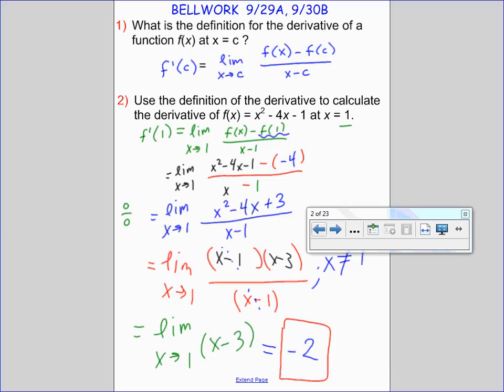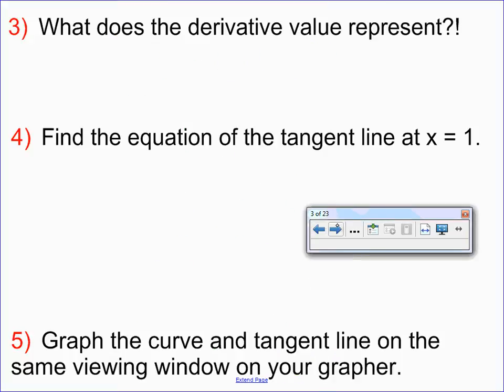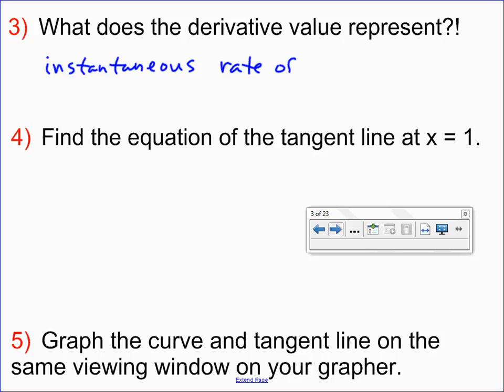So at x equals 1, the slope of the curve is negative 2. At x equals 1, the slope of the line tangent to the curve, right, is negative 2 as well. And that's the same thing. So the instantaneous rate of change, all that, at x equals 1.